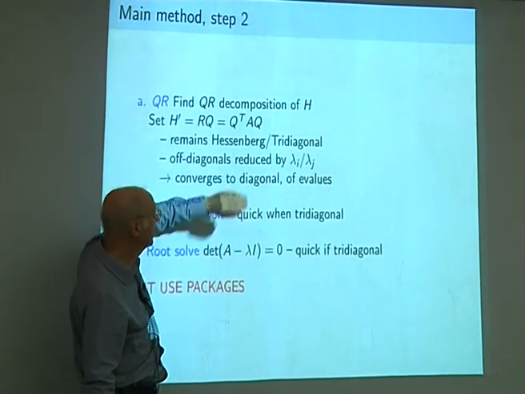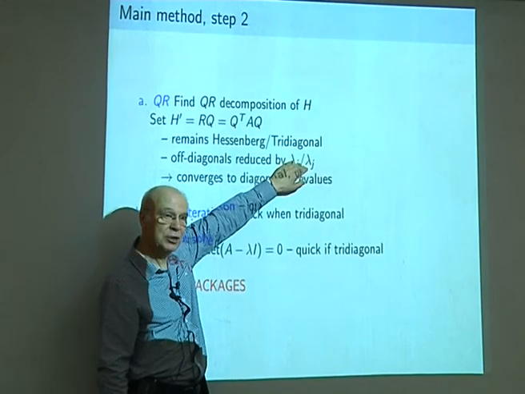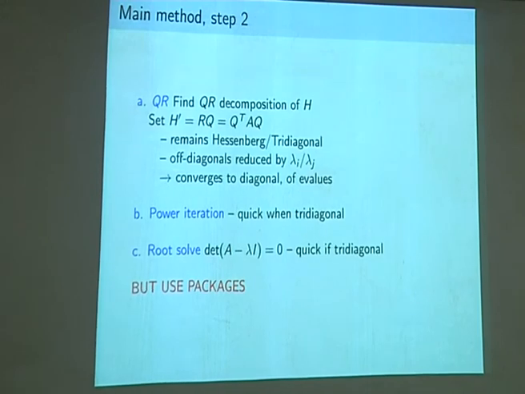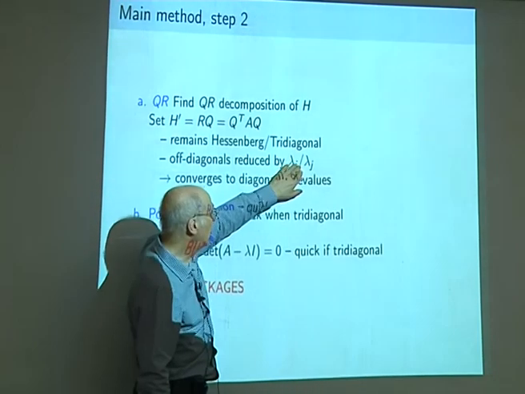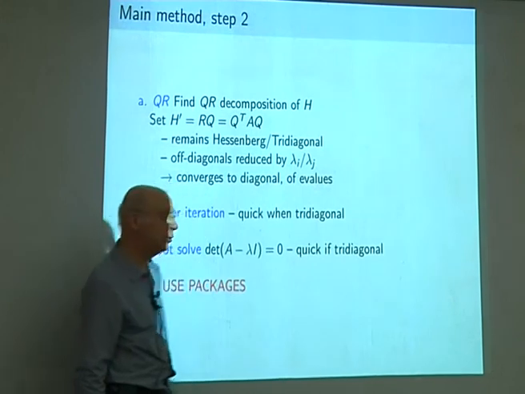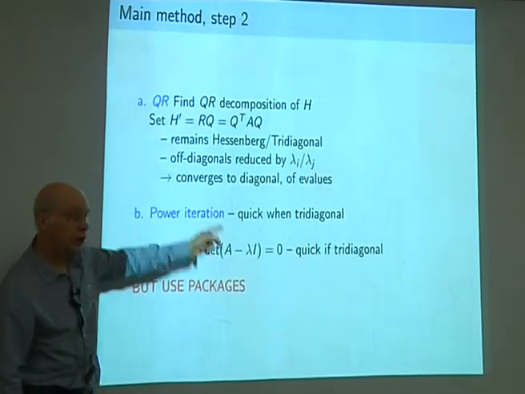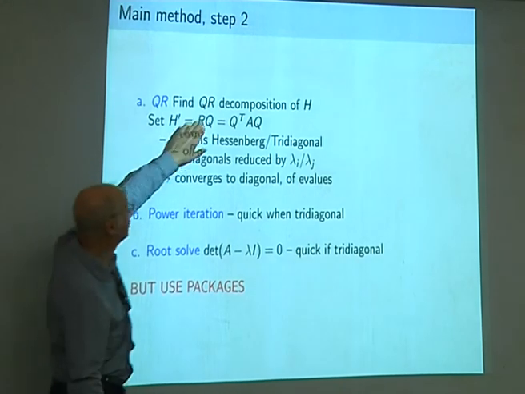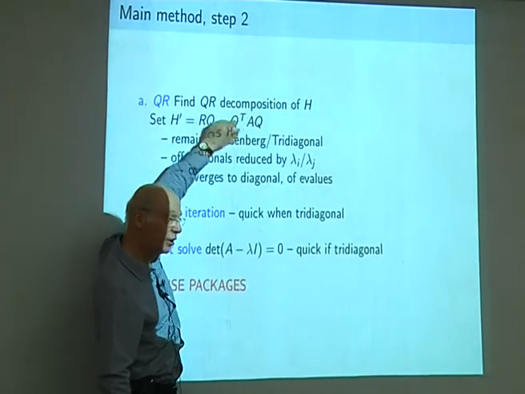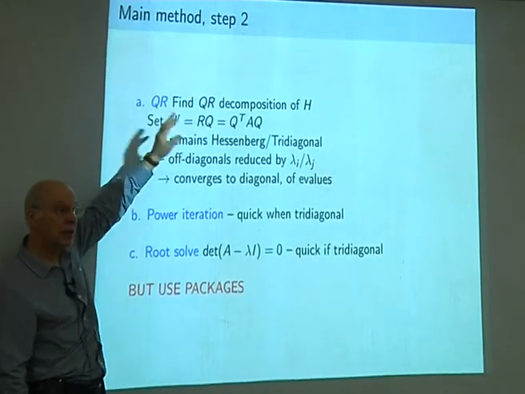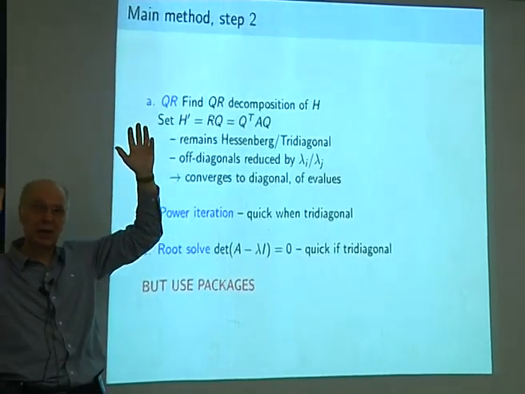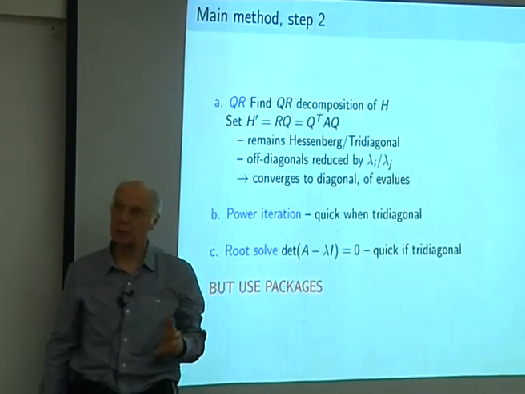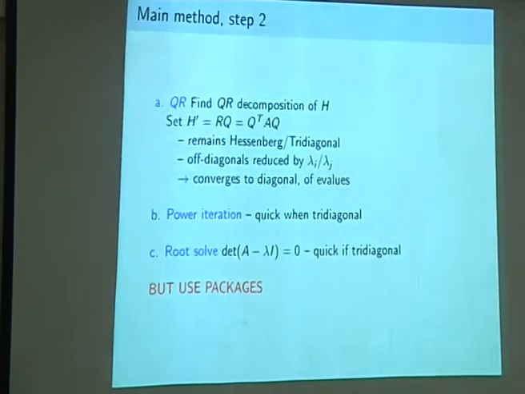It remains Hessenberg, which means if it's tridiagonal, it remains tridiagonal. And the off-diagonal terms have all gone down by the ratio of dividing by the largest eigenvalue. So it converges miraculously. If you repeatedly do a QR decomposition and find a new H prime, slowly your H primes become diagonal, and therefore the eigenvalues are all sitting there. This way we get all of the eigenvalues.